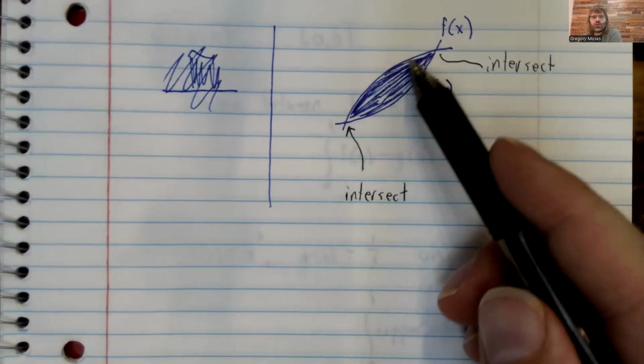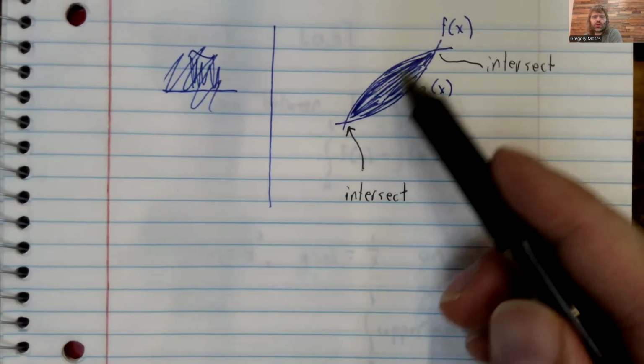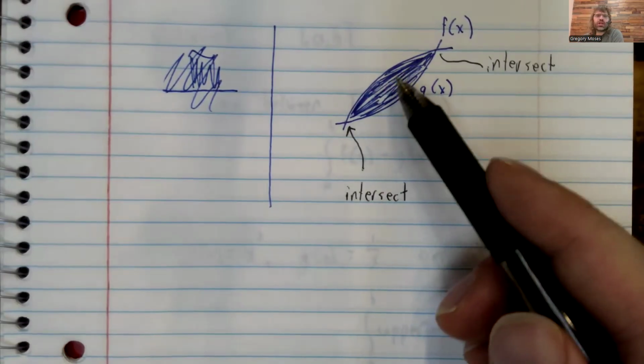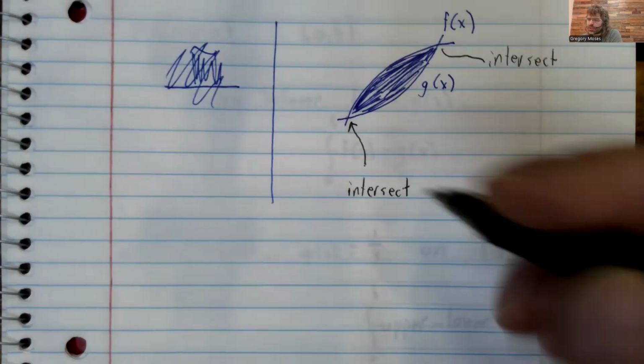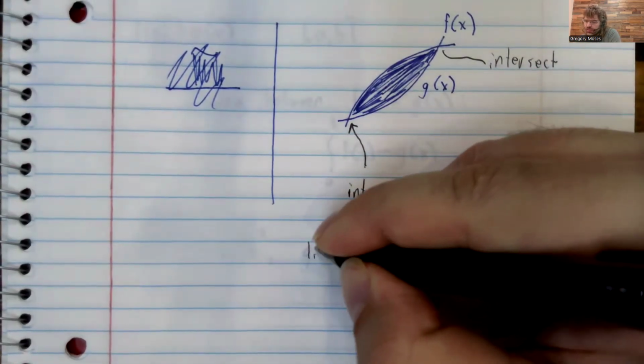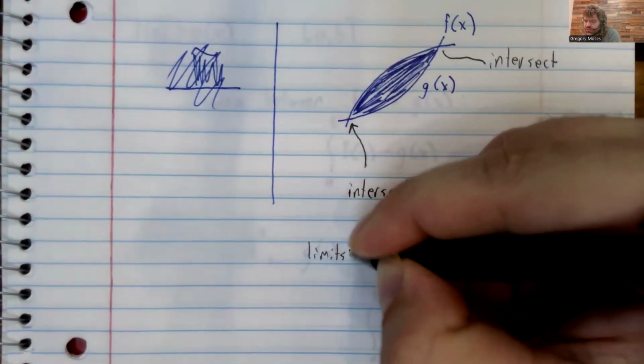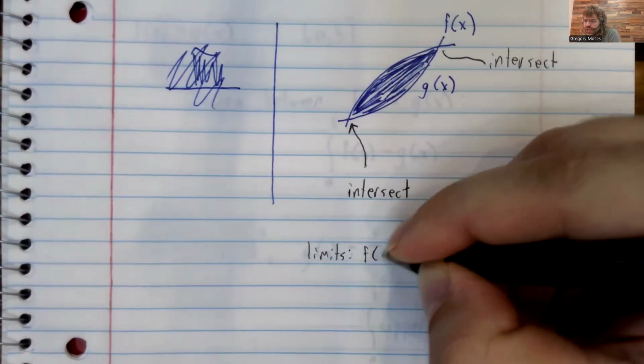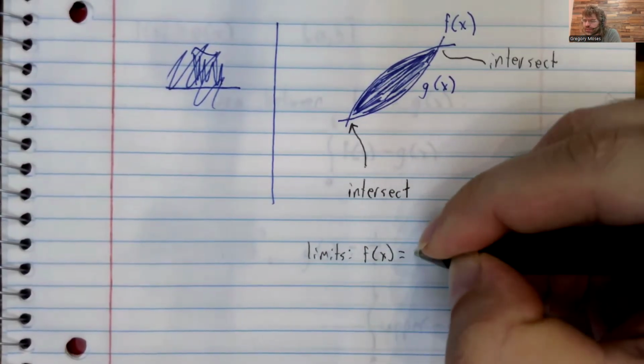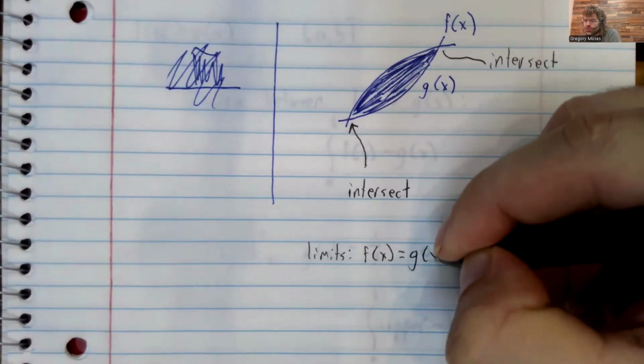So if we want to know the area between the curves, and we have a picture like this, to find the limits, we have to set f of x equals g of x.